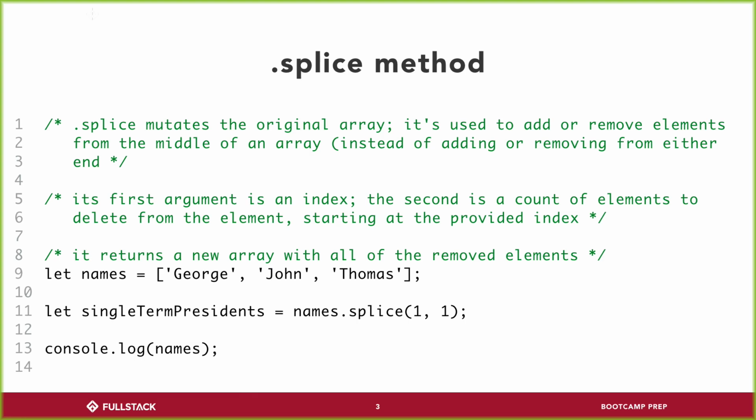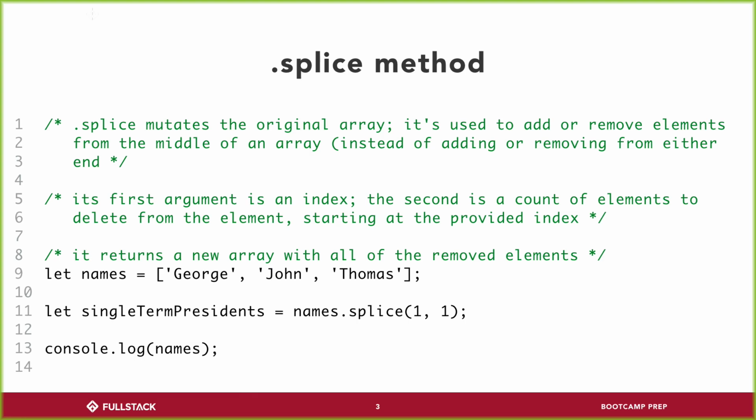I'll do some code examples in a bit, but in this case, the first argument is the index and the second argument is how many to delete. So it returns a new array with all the removed elements.